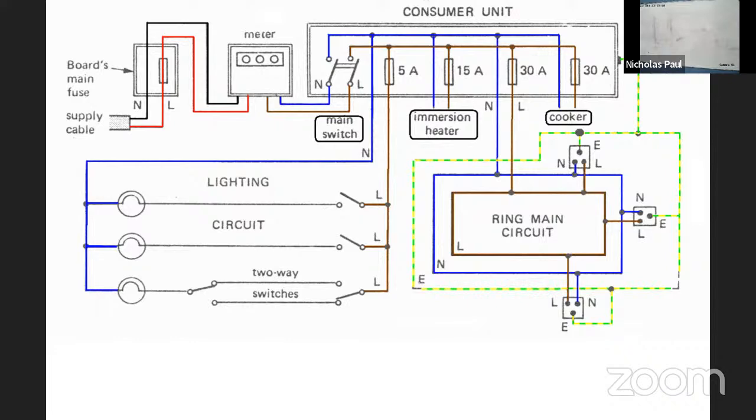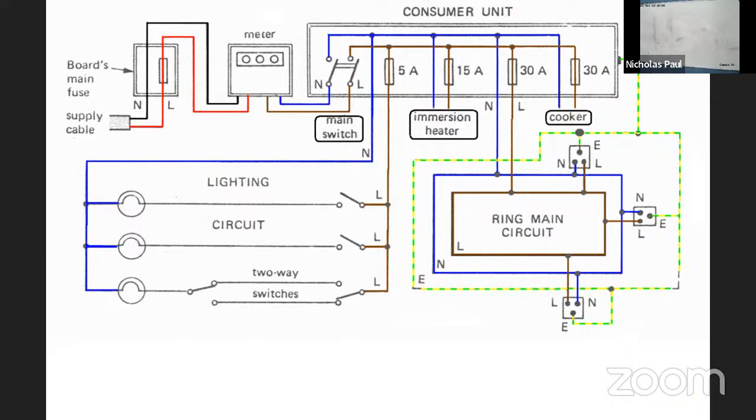Number 2, fuses and breakers. Most household circuits have electromagnetic breakers. I'll repeat that.